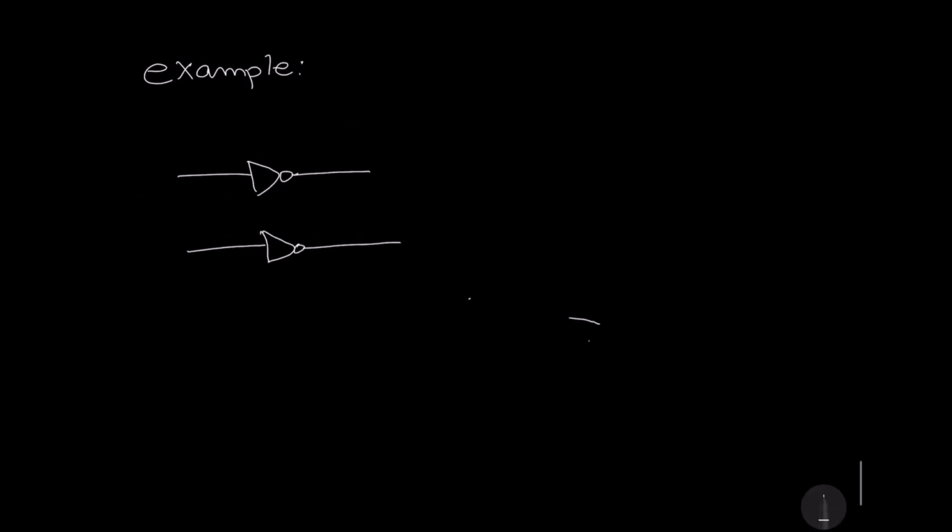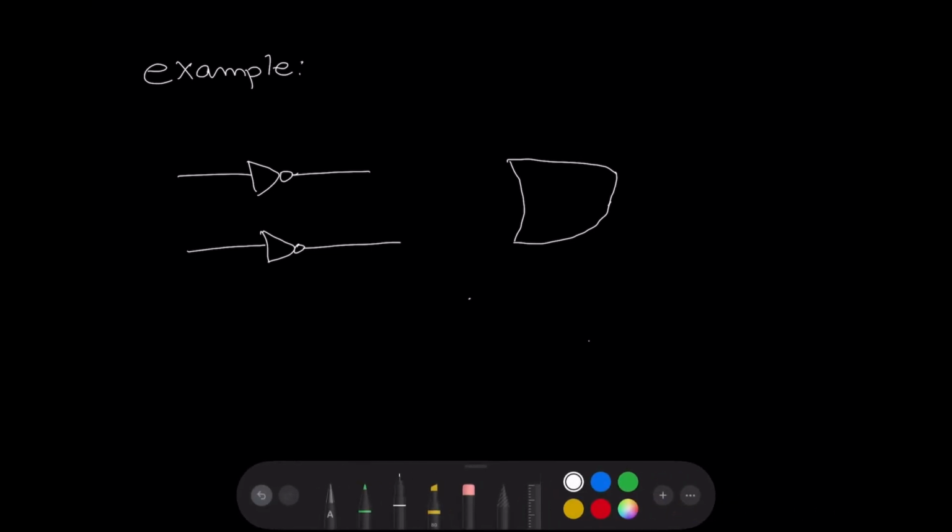So we will add two inverters to the OR gate. So this is the OR gate. I'm sorry, my drawing is not that perfect. That looks ugly.